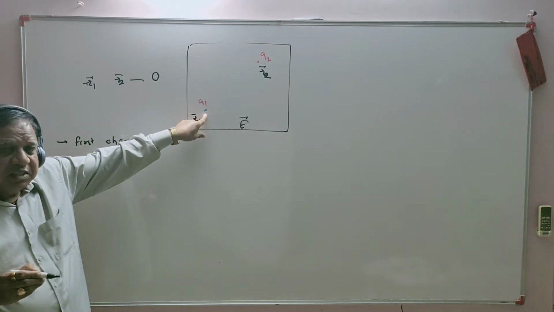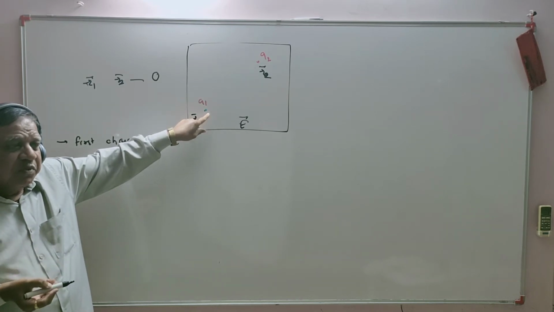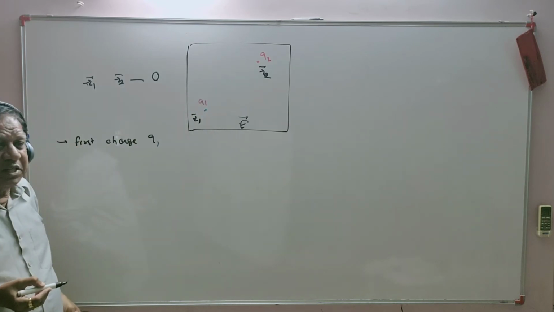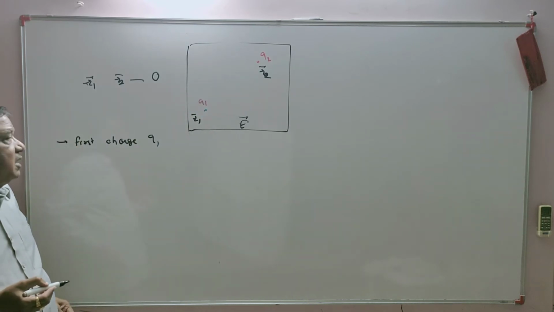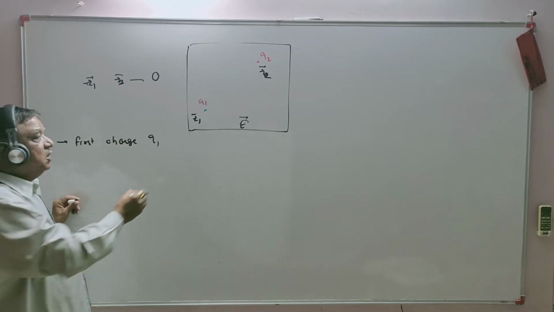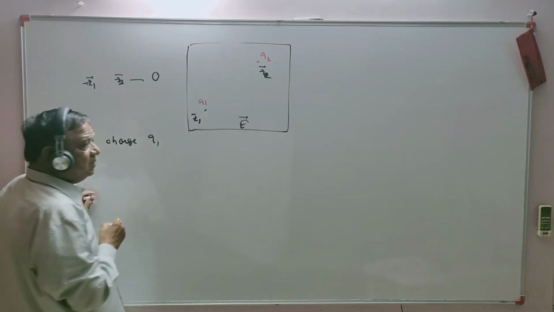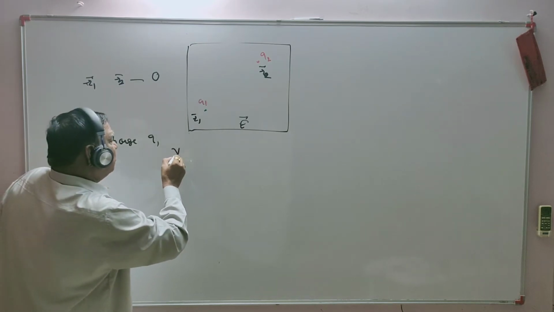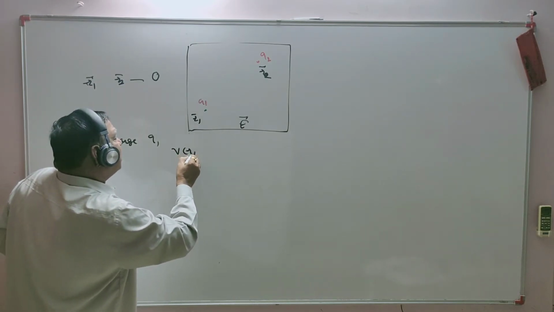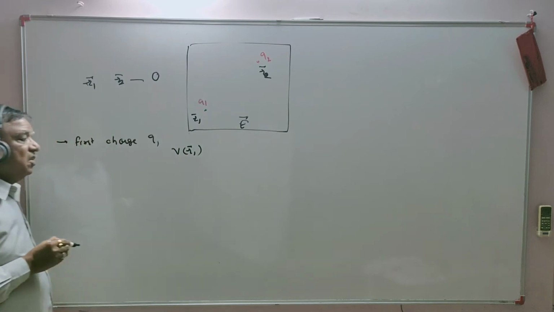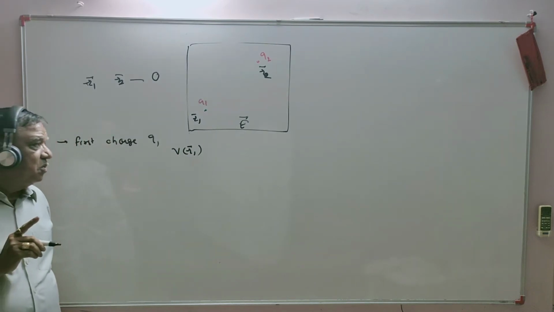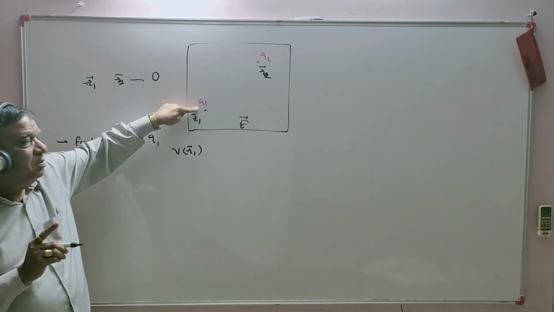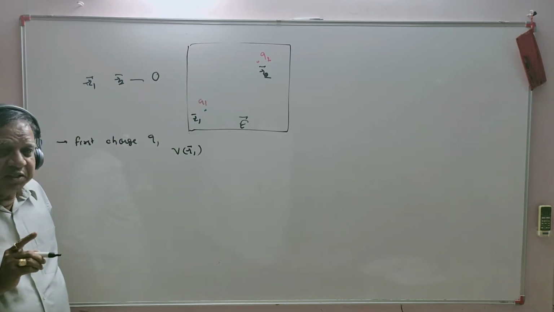We are bringing charge q1 from infinity to the point with position vector r1. Suppose the potential at this point due to the field is V(r1). V(r1) is the potential at the point with position vector r1.